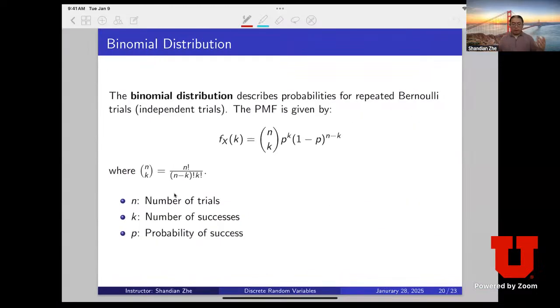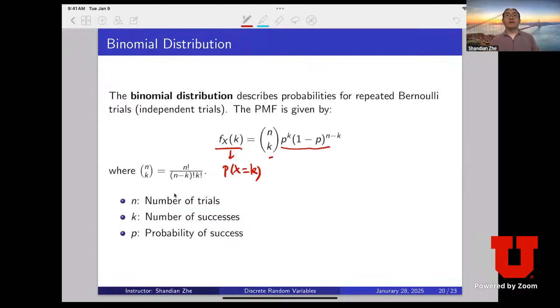So then overall, we can derive the probability mass function for the binomial distribution. The PMF at k, which is essentially the probability of the event defined as X equals k, is computed as the probability of a single sequence in that event times the total number of sequences in that event.